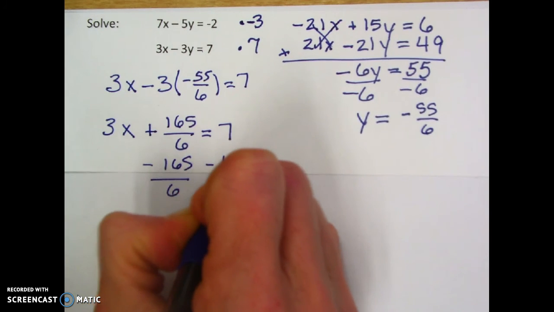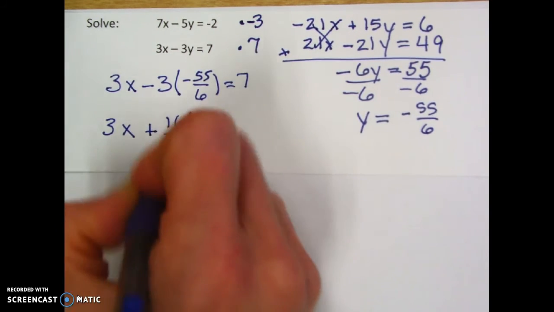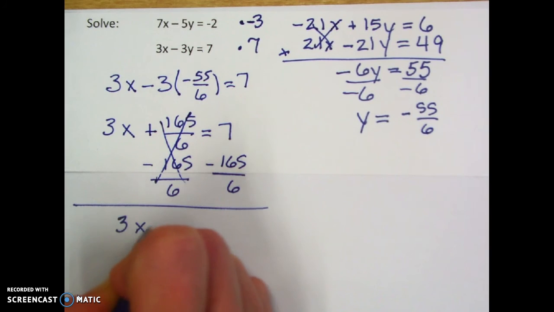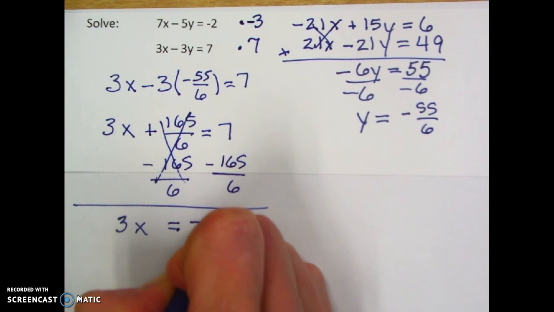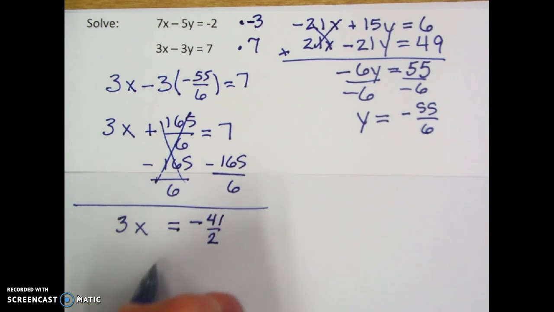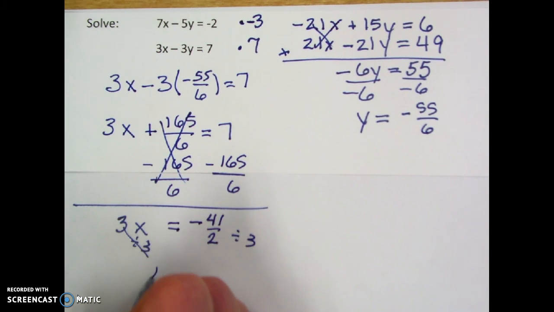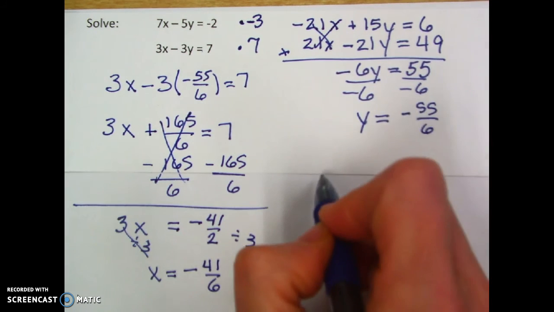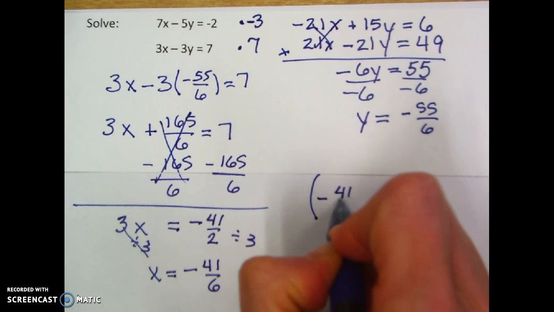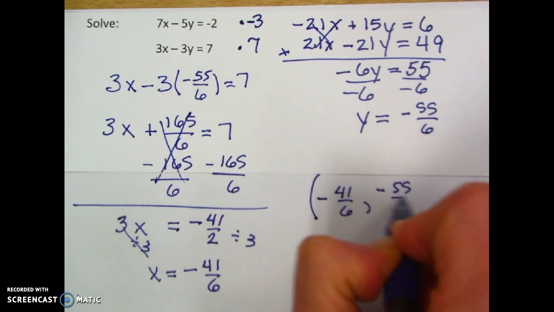Subtracting on both sides, 165 over 6 is going to give us 3x equals negative 41 over 2, and divide by 3, x equals negative 41 over 6. So the final coordinate here, negative 41 over 6, negative 55 over 6.